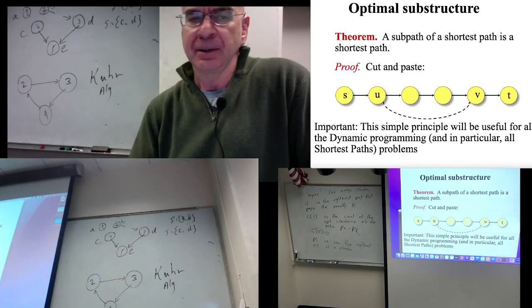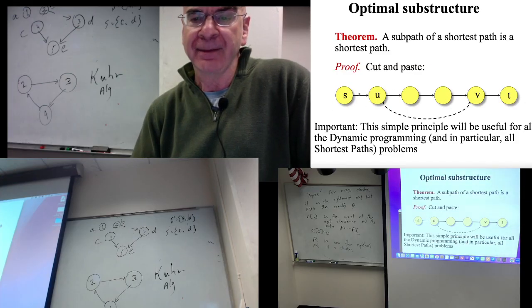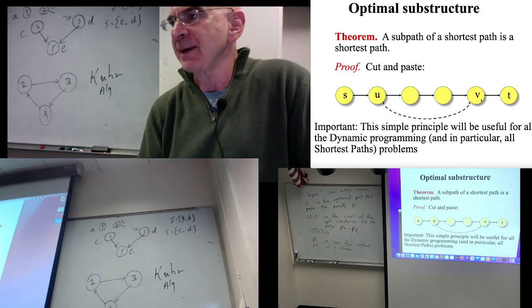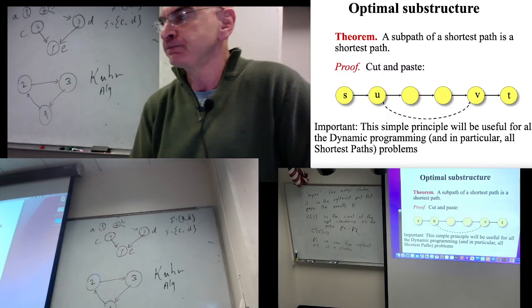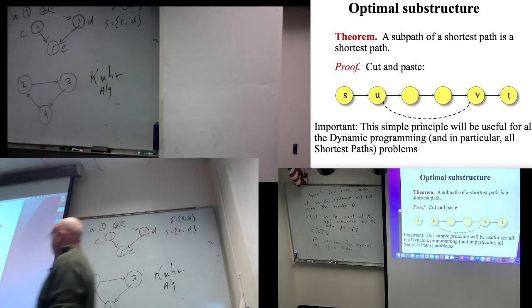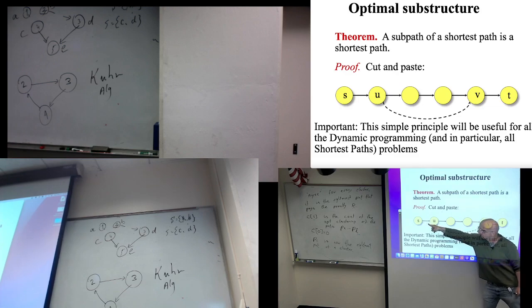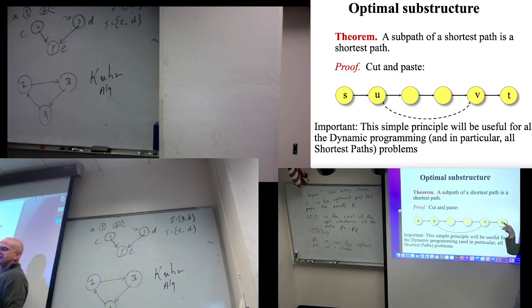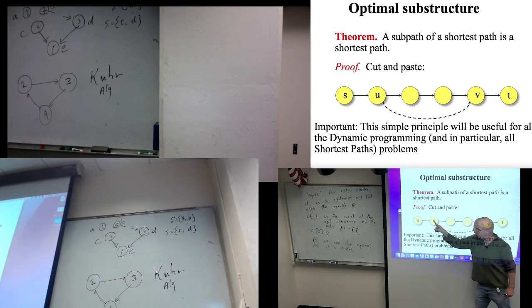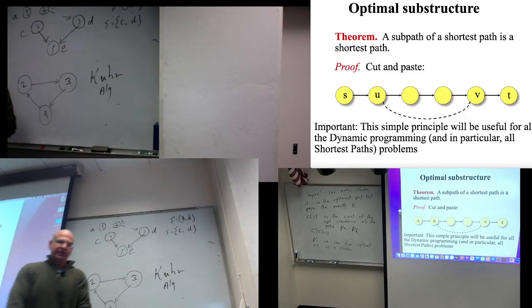Answer: take the big path that solves the big problem and just use the portion of the sub-problem that is relevant for you. And why do we call it cut and paste? Because had you another better, cheaper way to go from U to V, then you could have used it also to go from S to T. You just go from S to U, take the dotted path, and continue.